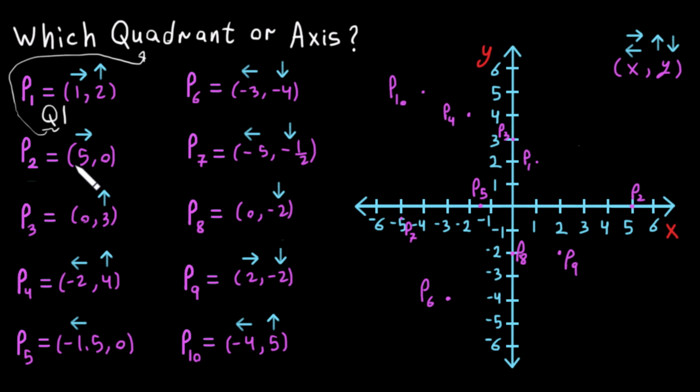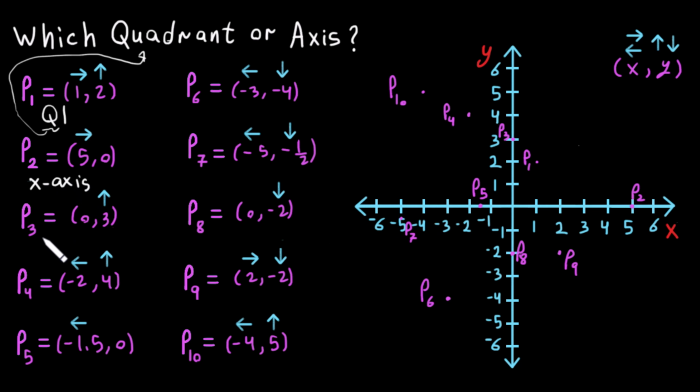The second point, P2 equals (5, 0), which is here. It is on the x-axis, on the positive side. So for simplicity, I'll just write x-axis.